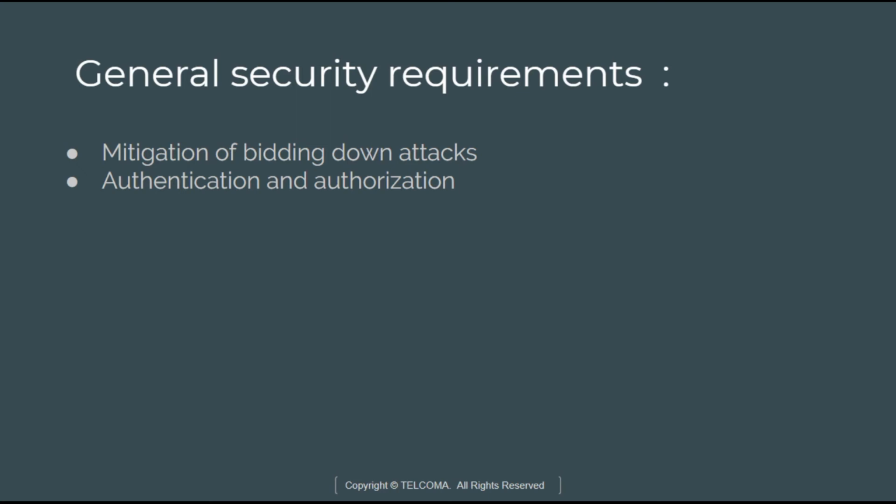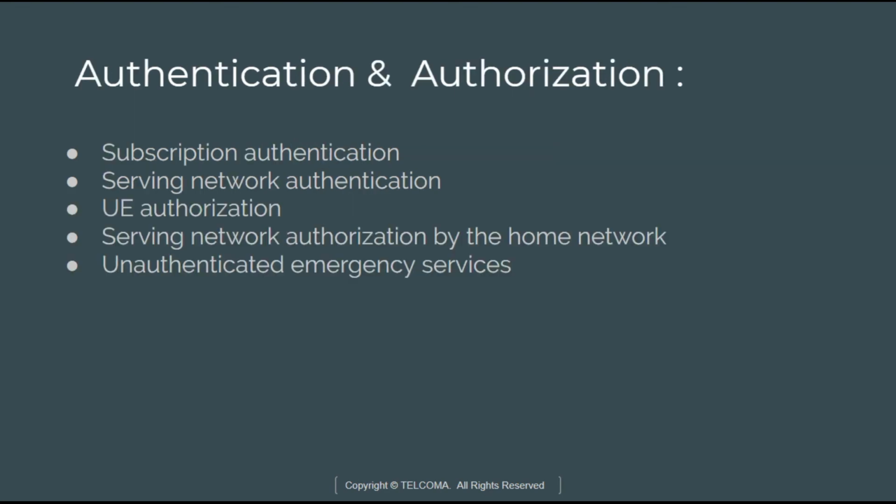Next is authentication and authorization. The 5G system shall satisfy various requirements of authentication and authorization. Subscription authentication means the serving network shall authenticate the subscription permanent identifier, SUPI, in the process of authentication and key agreement between the UE and the network.